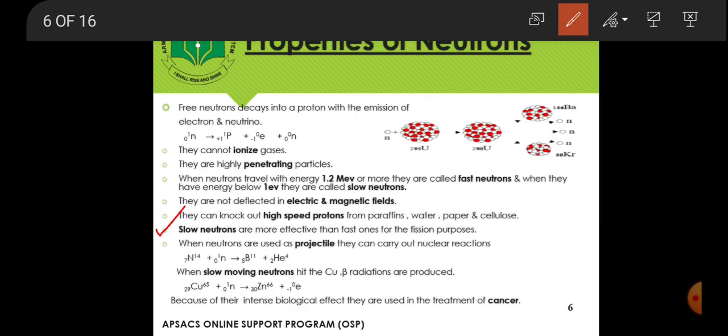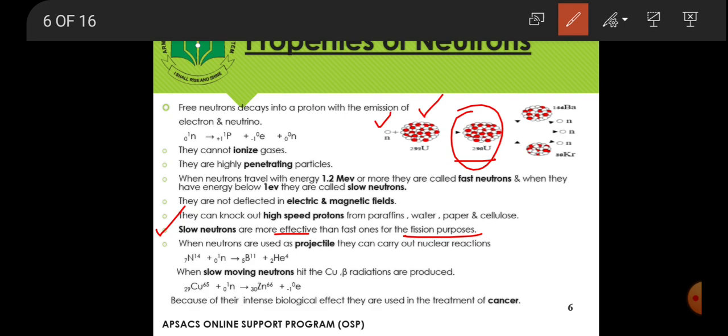Slow neutrons are more effective. They are more useful than the fast ones, and they are more effective in the fission process. For example, this neutron is absorbed by uranium nuclei. After absorbing a neutron, this uranium nuclei is converted into an unstable nuclei.